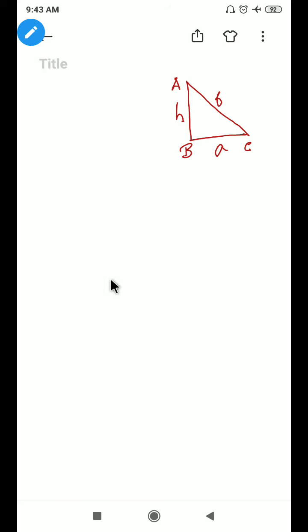How to find the area of this type of triangle? You already know that if base and height are given in a triangle, you can use the formula half into base into height. So here the base is a and the height is h. In a right angle triangle, you can use this formula.